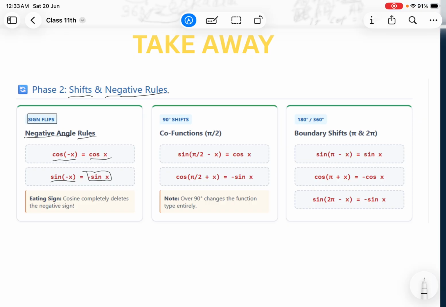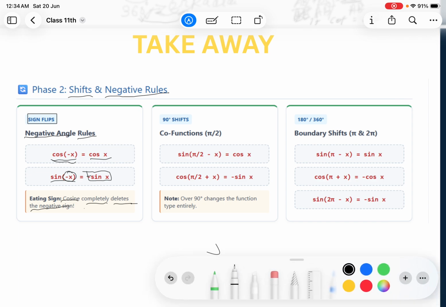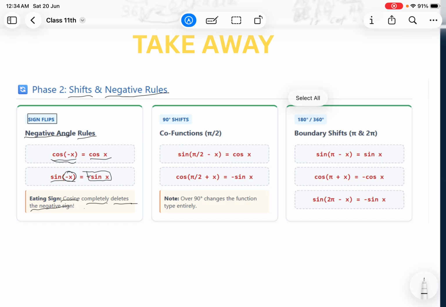So cos does not keep the negative sign, but sine does. If there is any angle in minus, sine x will be minus sine x. Cosine completely deletes the negative sign. It says, I don't like negative things, please exclude this. You can understand it like this.